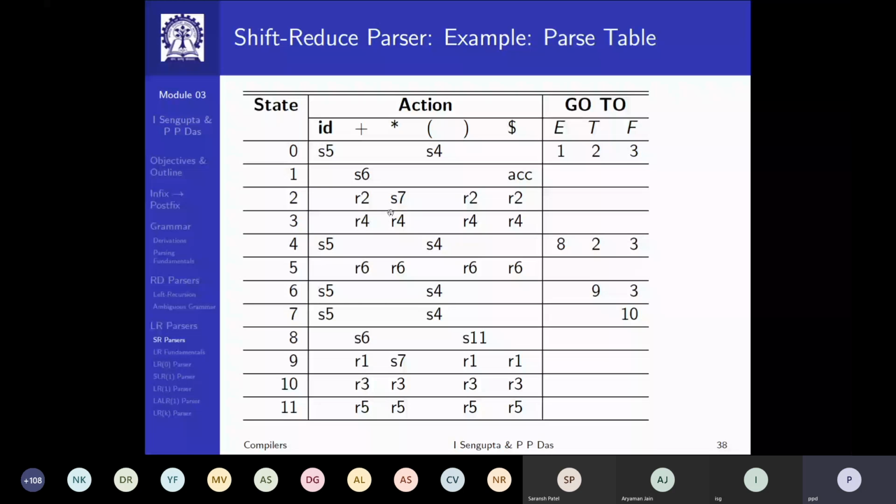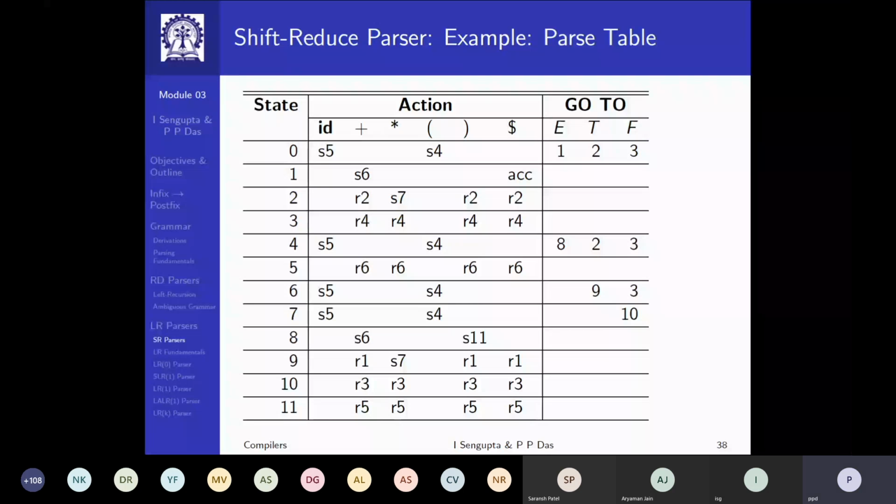Now, what are the actions that the DFA can take? The DFA can take any of 4 actions. One action is known as shift. The input symbol currently being pointed to by the DFA will be removed from the input and pushed onto the stack.